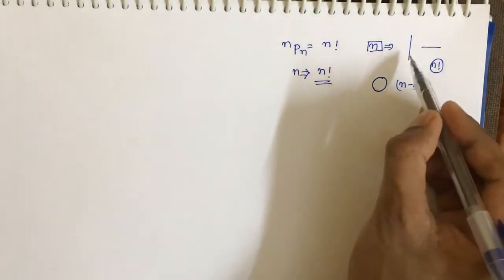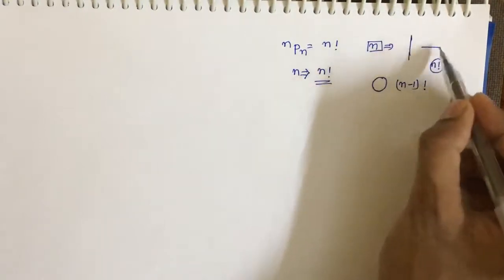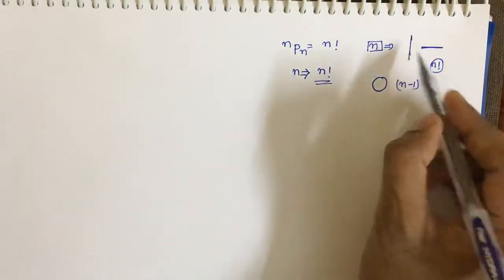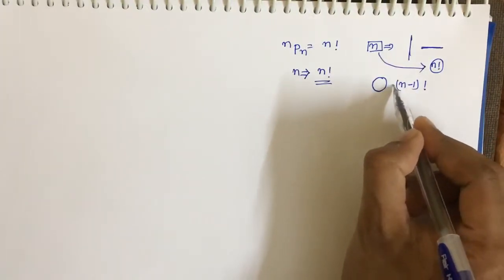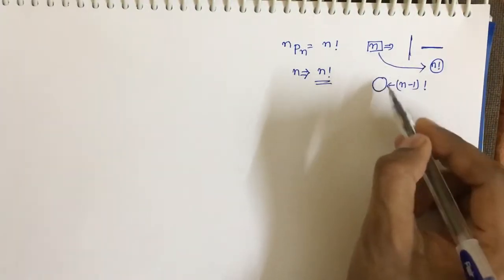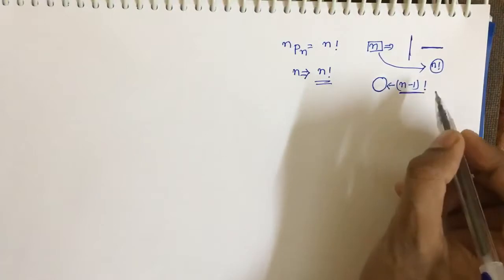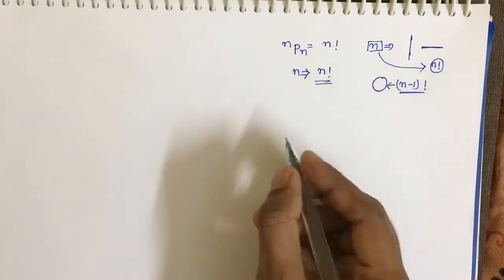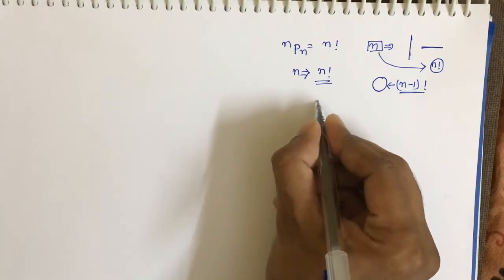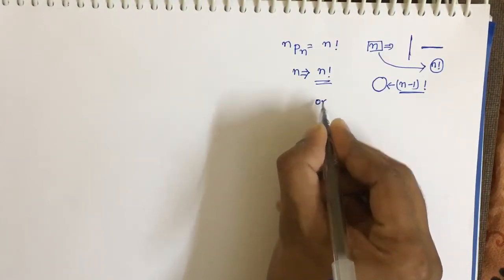So when you are arranging them horizontally, straight, or vertically, you can arrange them in n factorial ways. When you are arranging them in a round shape, you can arrange them in n minus 1 factorial ways.